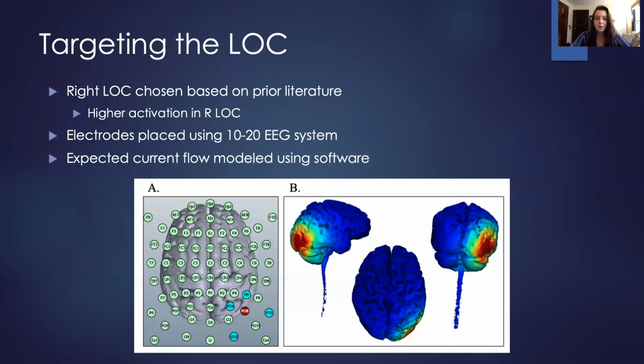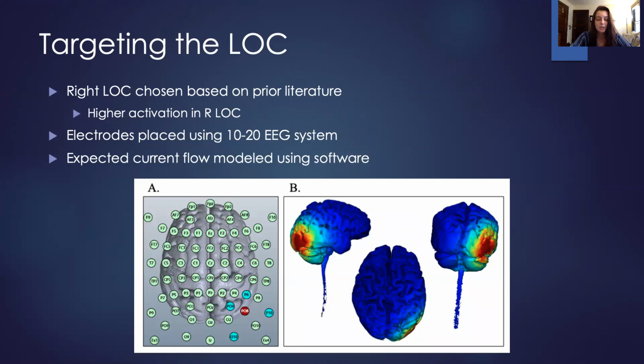So in order to target the LOC, well, first, we chose the right LOC based on literature showing that compared to the left LOC, the right LOC was more active when viewing objects. There wasn't a ton of research on this, but based on prior literature, we decided that the right LOC was the best decision.